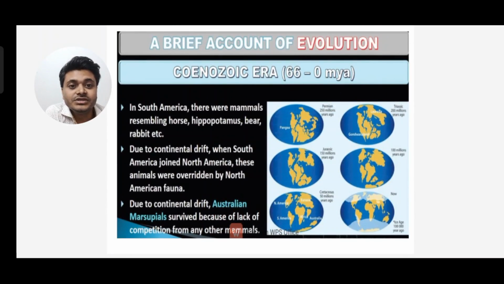Due to continental drift, Australian marsupials survived because of the lack of competition from any other mammals.